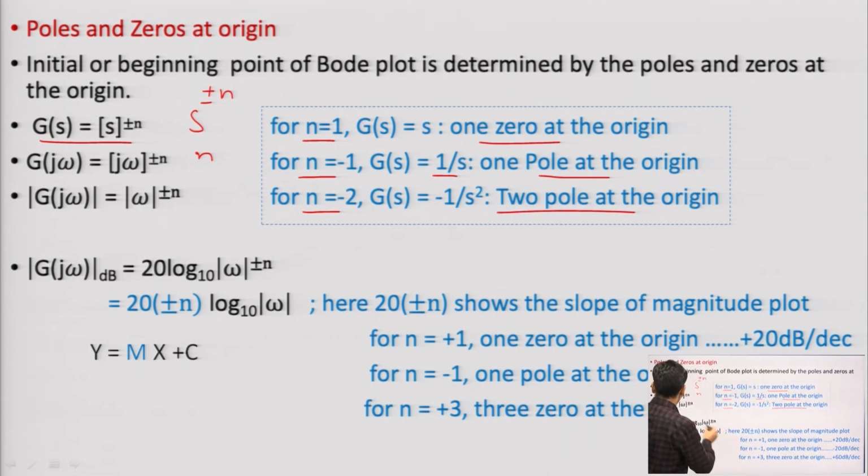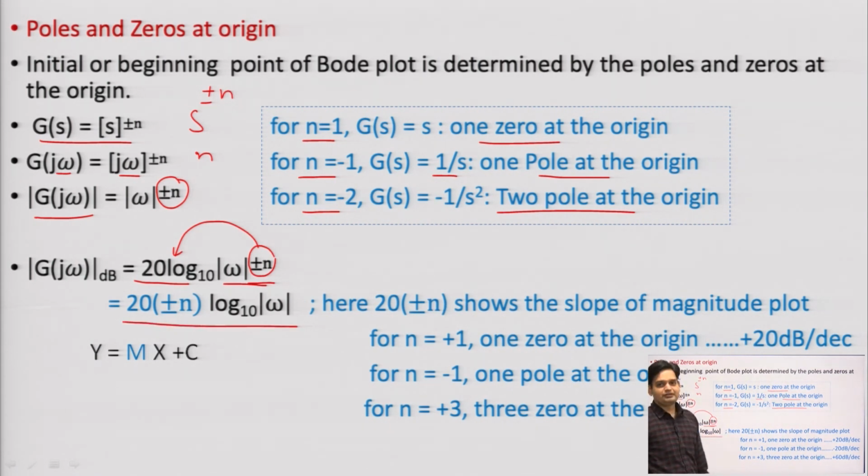So, what is happening here in the case of magnitude, 20 log base 10 of this omega? If I replace s by j omega, then mod of G(j omega) equals mod of omega raised to the power plus or minus n. If I take the log, the plus or minus n factor will come out from the log property, and this will give us a basic slope, right.